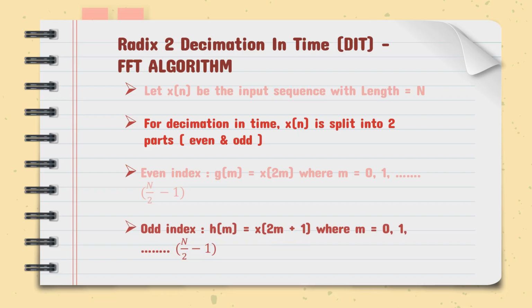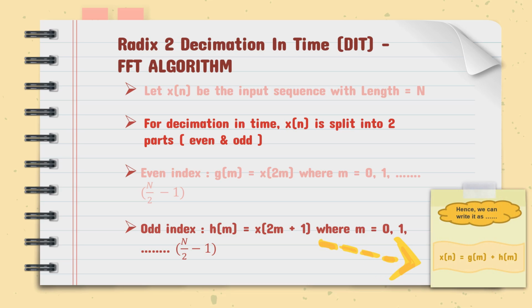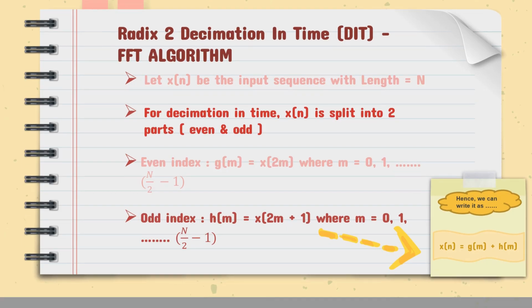For the odd index, h[m] will equal x[2m plus 1], where m will be 0, 1, until N by 2 minus 1. Then we can write it as x[n] equals g[m] plus h[m].